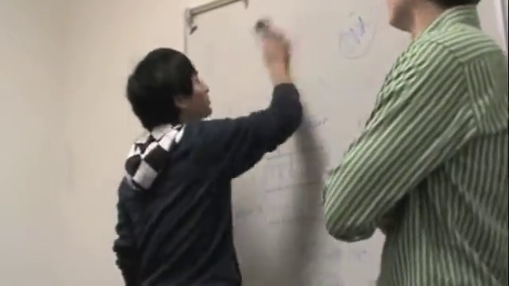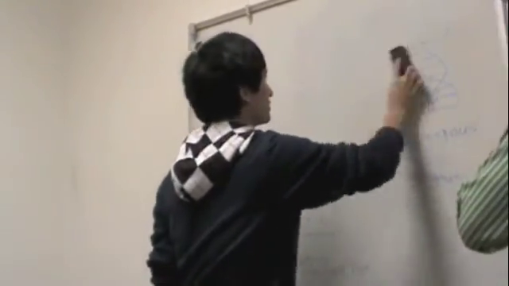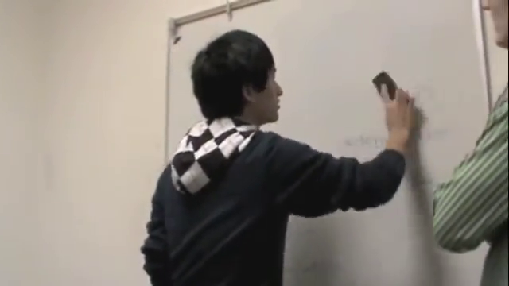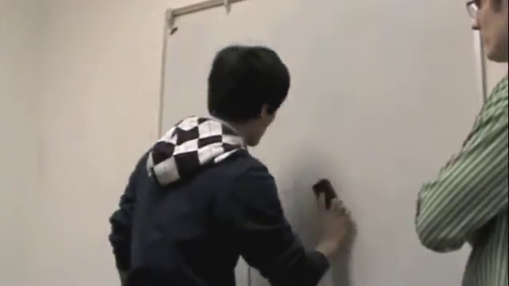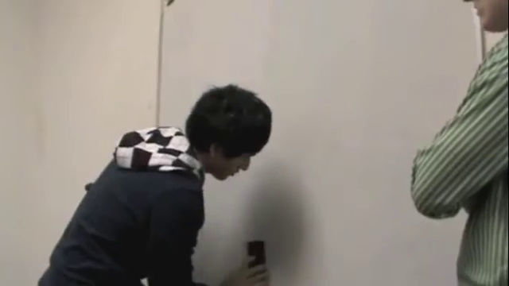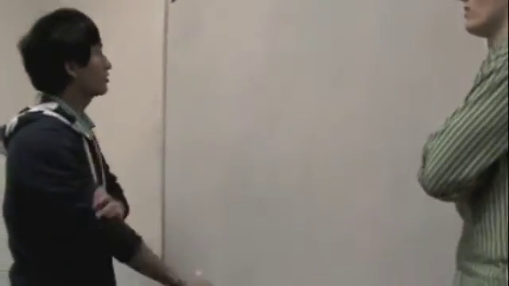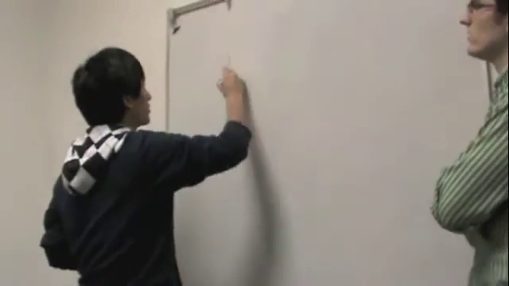Wait, I want to try this out. Okay. I'm going to think of an example of different hair colors. So here we go. A square.